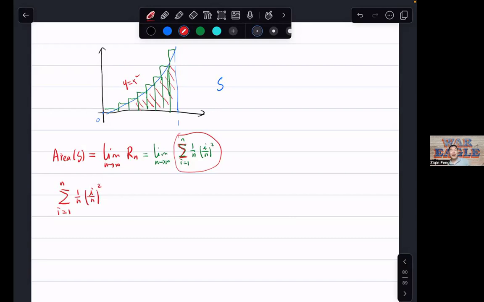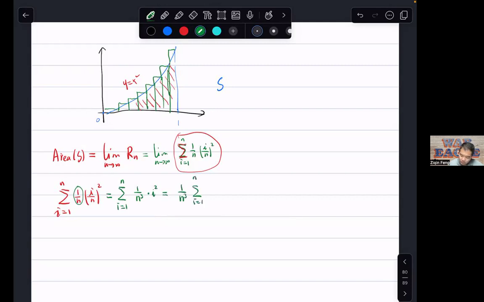You can see that this is a summation about i, and as i changes, 1 over n doesn't change, so it is a constant compared to the summation. So we bring out all the common factors: this is 1 over n cubed times the summation of i squared, i from 1 to n.